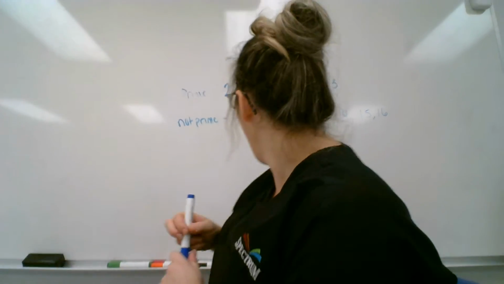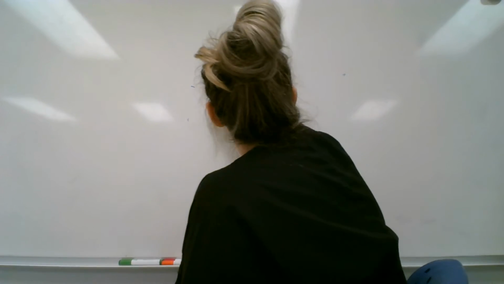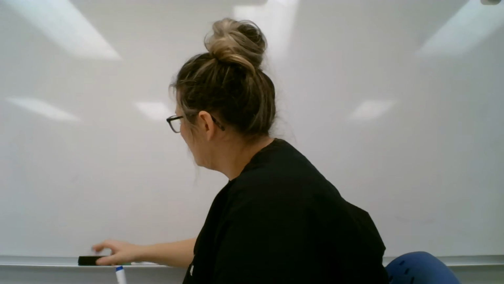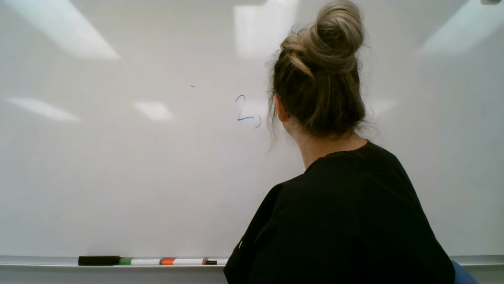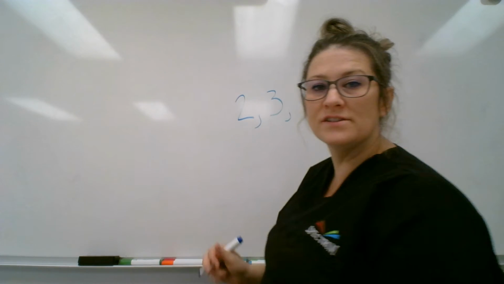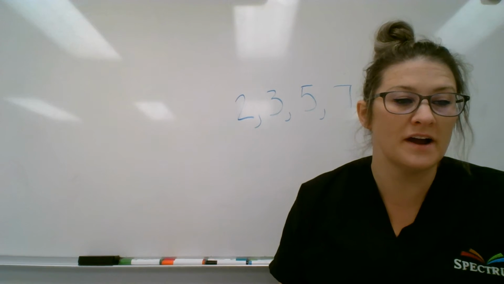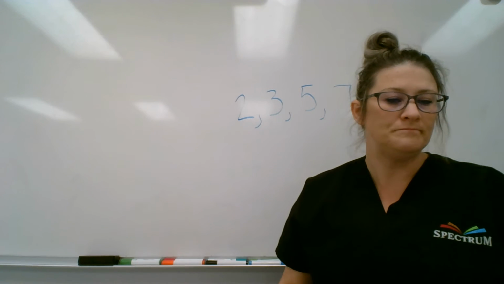You'll divide the numbers by 2, 3, 5, and 7. These are the 4 numbers we're going to be using to divide by to see if they are prime or not prime.